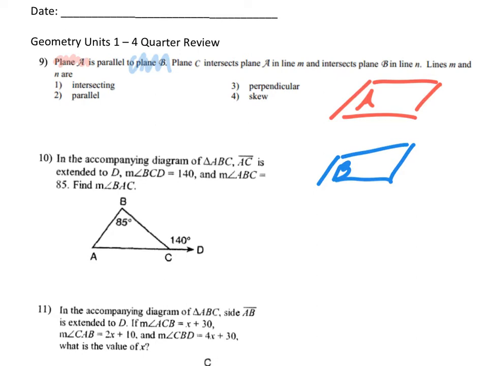And then I have that plane C intersects plane A in line M, so I'm going to draw a plane that intersects plane A, but I also know that plane C also intersects plane B, right? So I'm going to draw this plane intersecting both of these planes. So let's see.